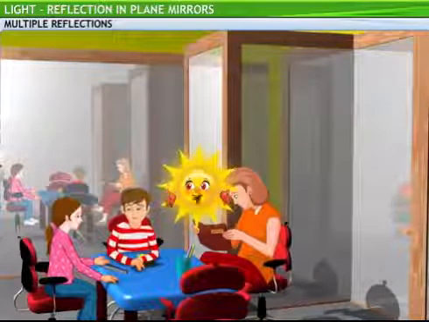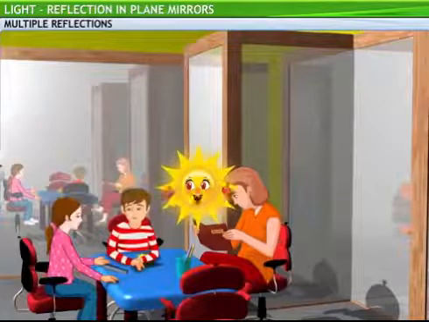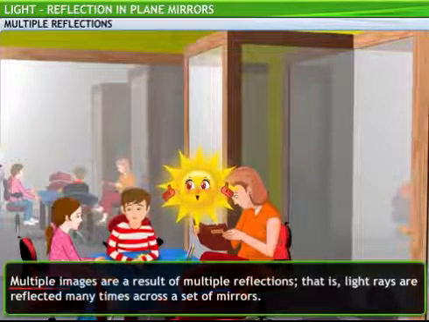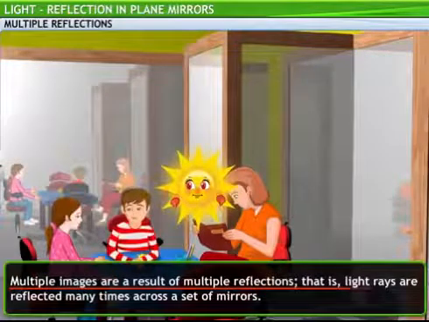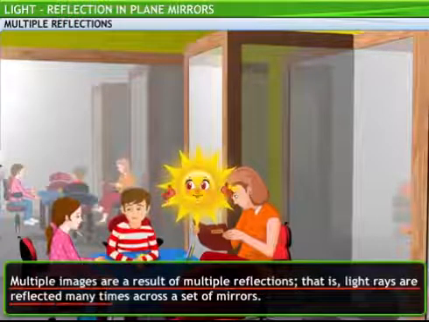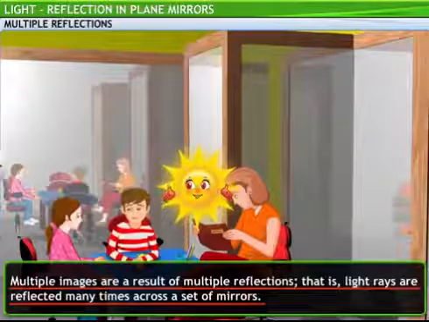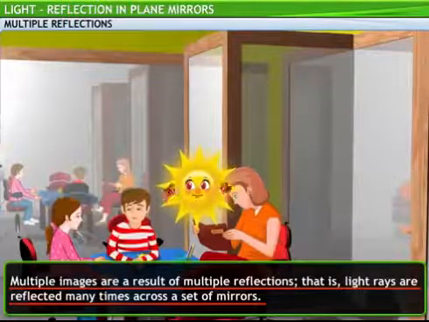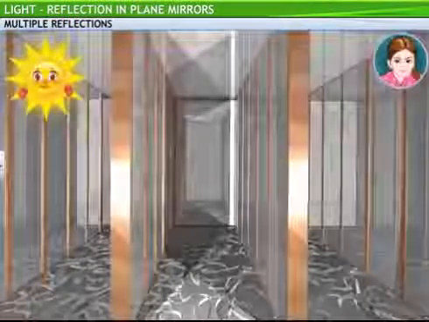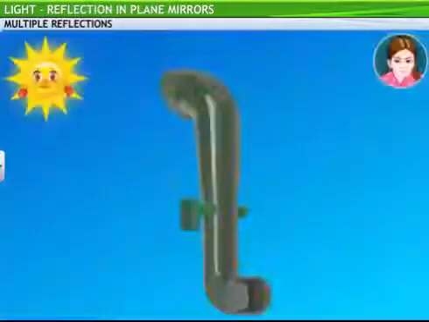A kaleidoscope utilizes the same phenomenon. Multiple images are a result of multiple reflections. That is, light rays are reflected many times across a set of mirrors. Some other examples of multiple reflections are found in mirror maze, saloon, periscope.